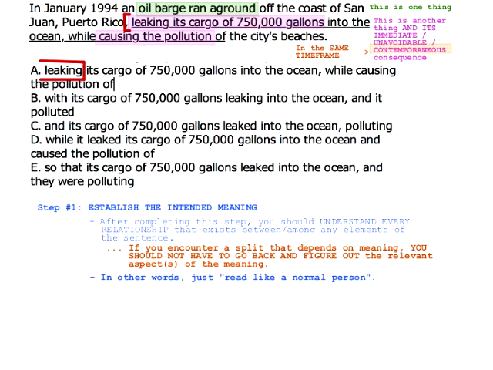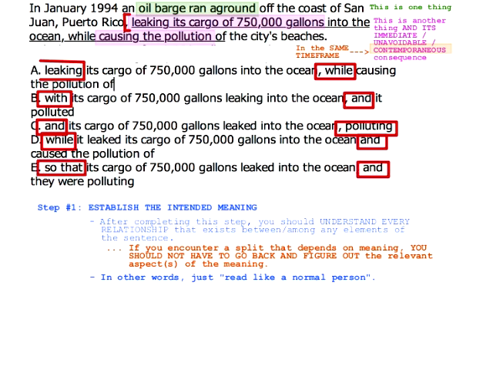Let me make a better box. Okay. They're trying to use comma ing on the left here, and here's while, here's and, here's with, here's and, here's comma ing, here's while, here's and, here's and, here's so that.